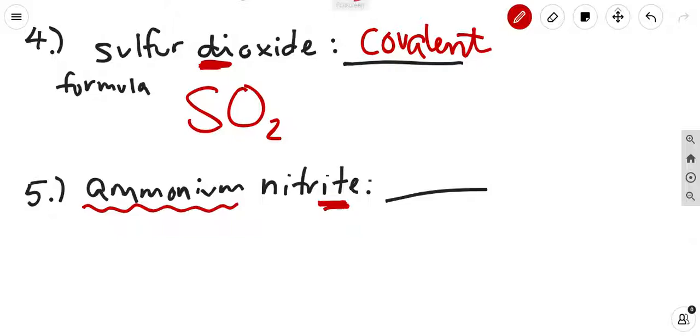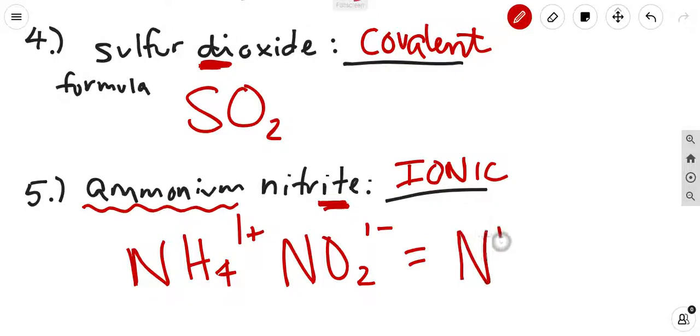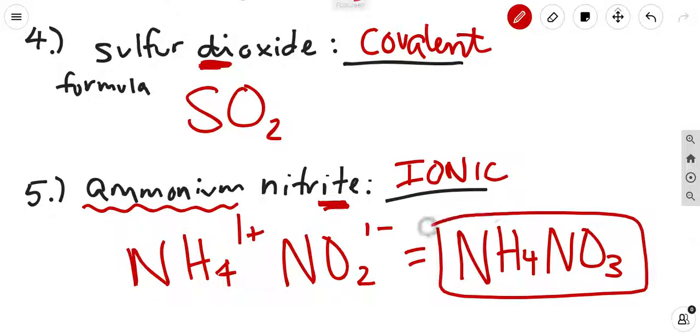Ite is always ionic. Ammonium is NH4, 1 plus. Nitrite is NO2, 1 minus. Ones and ones, cancel or cross? Cancel. So we have NH4NO2. Good job. We're done.